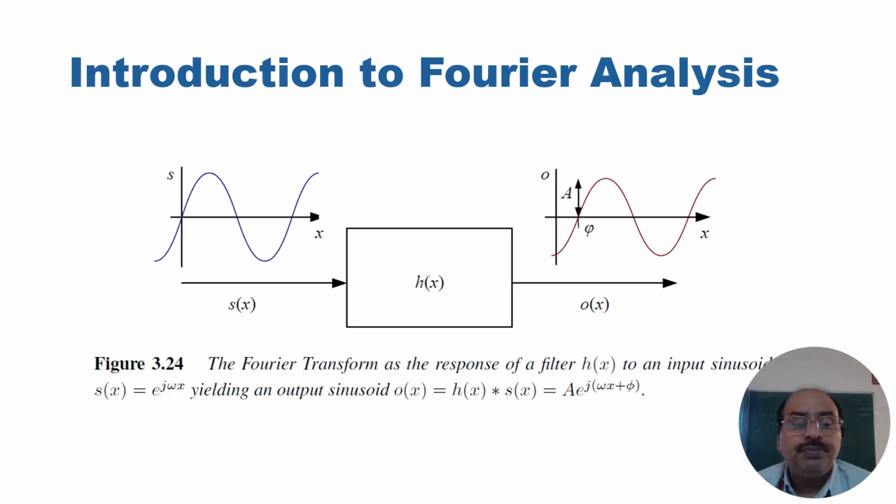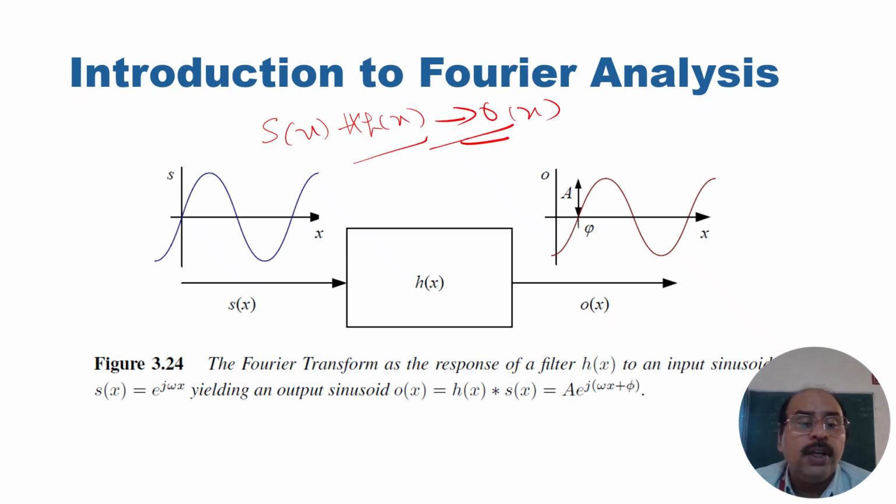So now we have seen S of x convolved with h of x, that's giving us O of x. So in terms of signals, you have a signal here, S of x, which is a sinusoidal signal. Here you're convolving it with an impulse signal.